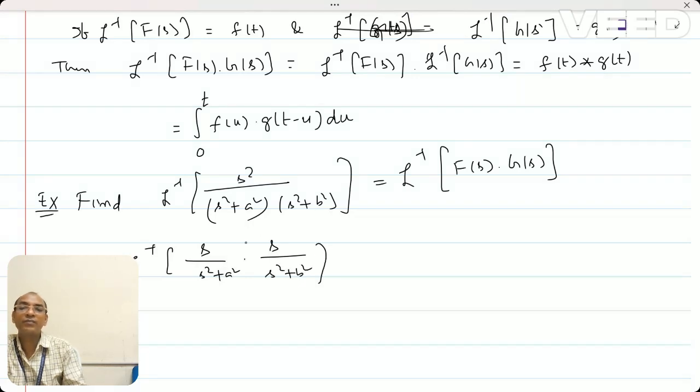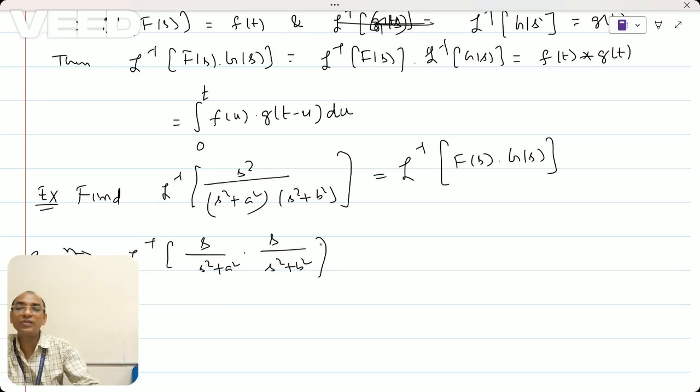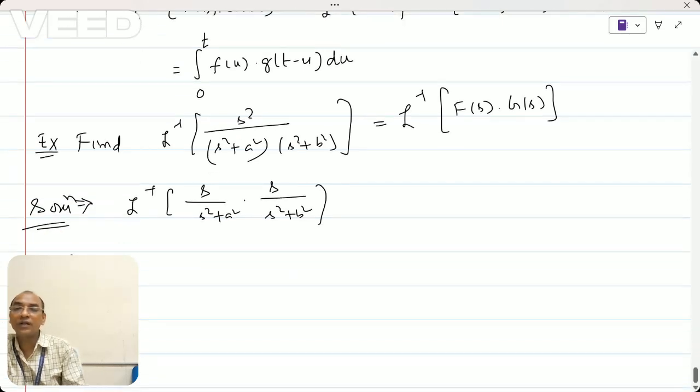We can write the given function in this way. So here F(s) is s by s square plus a square, and G(s) is nothing but s by s square plus b square.